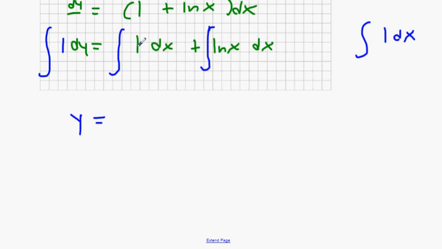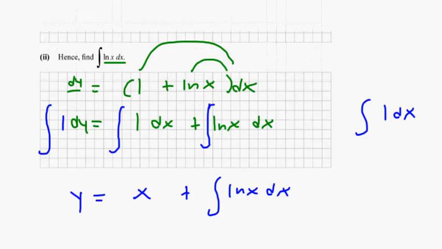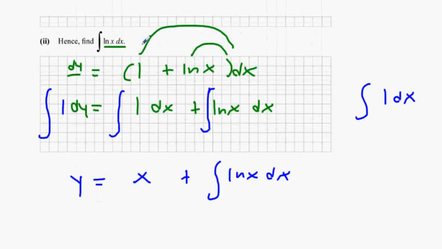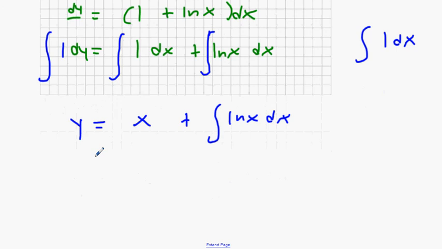What's the integral for 1 dx? x. What's the integral for ln x dx? I think that's the whole point of the question, isn't it? Reread the question. What's the point of it? To find the integral of ln x dx. So, bring the x over to your side. Now it's y minus x equals the integral of ln x dx.